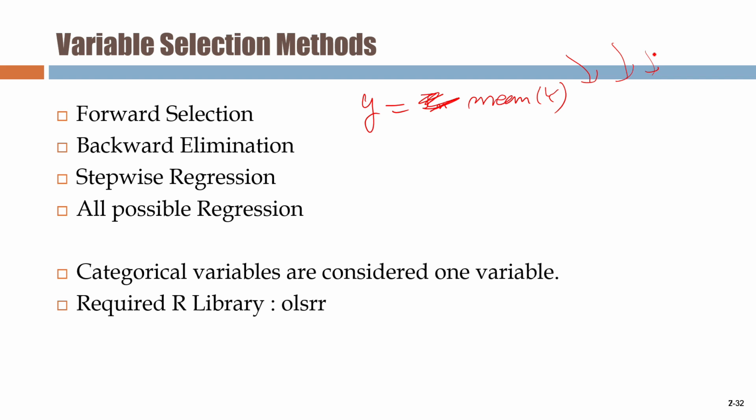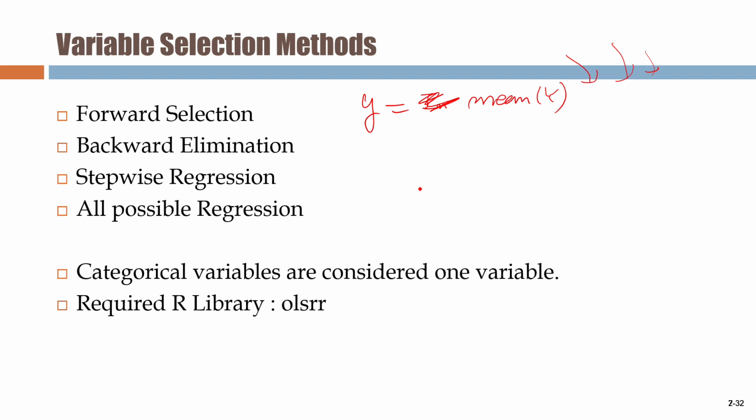If you have 10 variables, you have 10C2, which is 45 different combinations. You can have 3 variables too. So there are really a lot of possible combinations, and you try all of them and choose the best one.